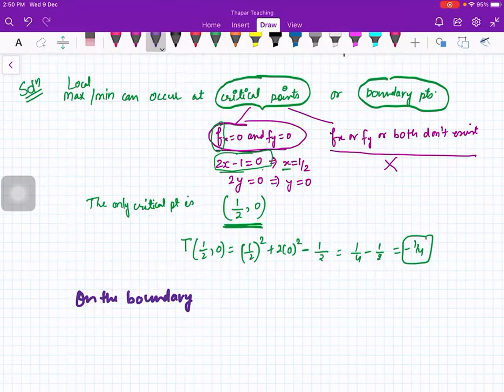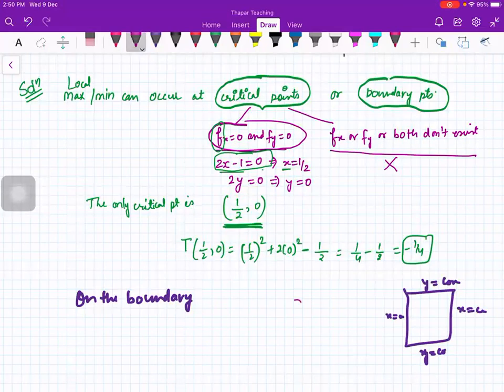On one side of the plate, y was constant, here also y was constant, and here x was constant, and here x was constant. So your function used to become a function of one variable only. But here in this question you have a circle, so your boundary is x square plus y square equals 1. There you had four different boundaries, like four different lines, constituting your boundary.